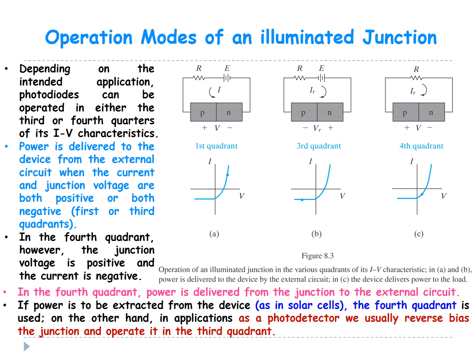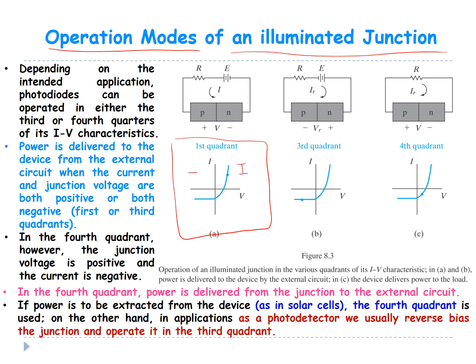Okay, so we can now summarize the operational modes of an illuminated junction by dividing the IV characteristics of a junction into 4 quadrants. So we call this quadrant the first one, this one is the second one, then this guy here is the third one, and the one that we have here is the fourth one.